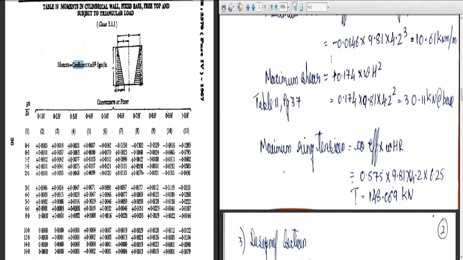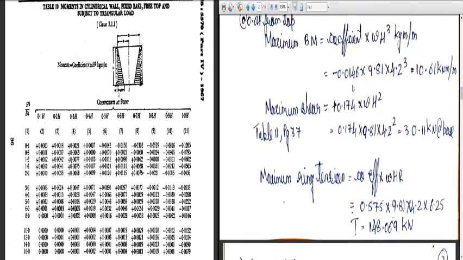H squared divided by D t is already calculated, so it is 8, and we will consider full H, so it is minus 0.0146. Substituting, minus 0.0146 into 9.81 into 4.2 cubed, which is working out to be 10.61 kilonewton meter per meter.